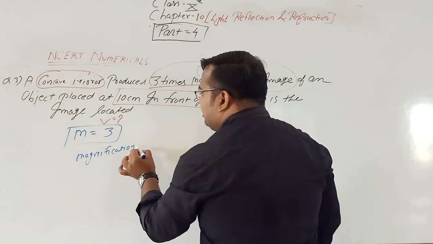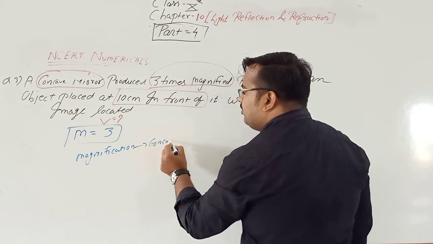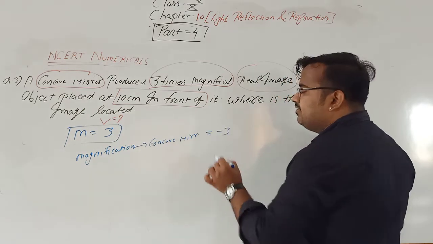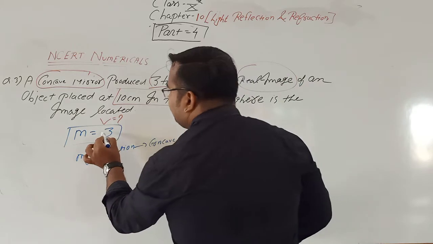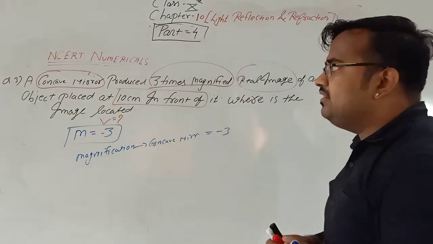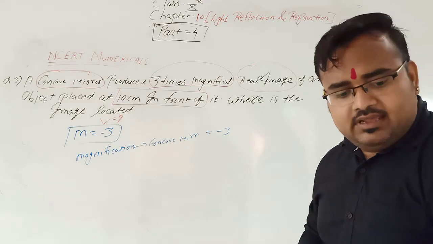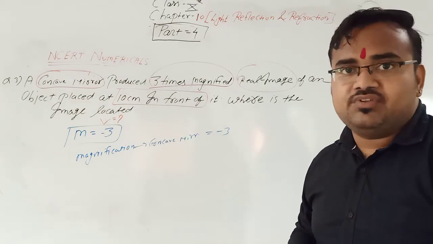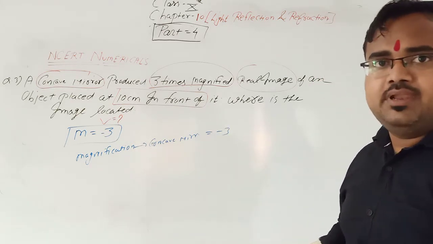So -3. Clear? In case of concave mirror, the magnification is negative. And in case of convex mirror, the magnification is positive. Clear? So you can copy this much. We will solve the numerical.